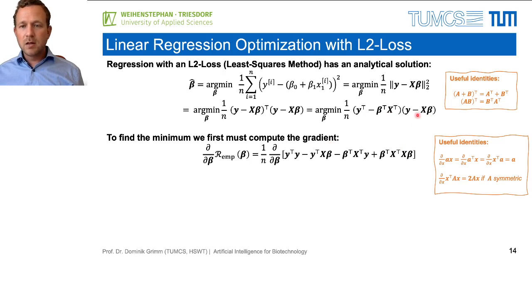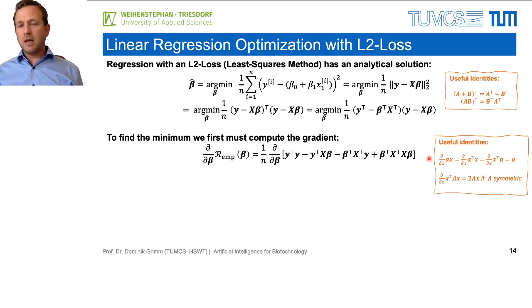So we just used multiplication to remove the parentheses. That's what we have here. And now we have to compute the derivative of this function with respect to beta.